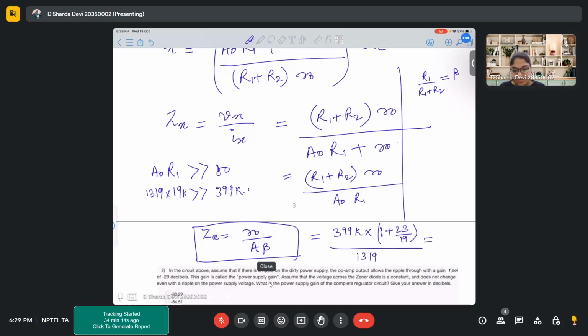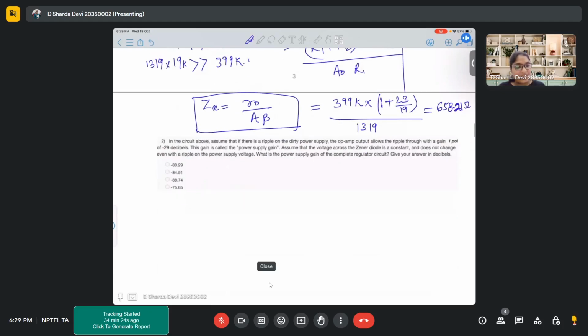So the value turns out to be 658.21 ohms. So this is the value of Z out that we get for this particular circuit.